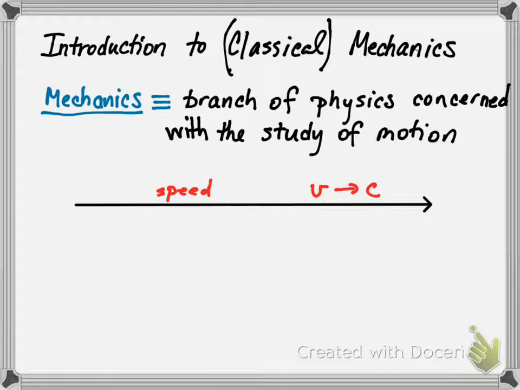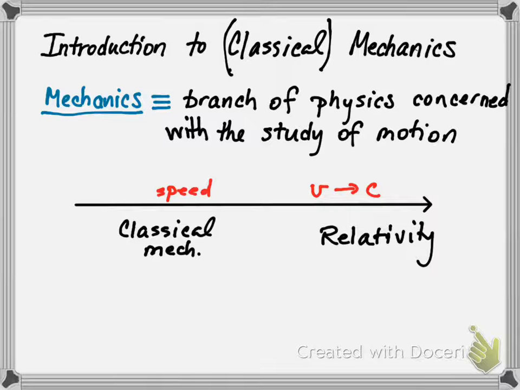And c is the symbol that means the speed of light. So as speeds approach the speed of light, we need a different theory. For normal everyday objects, that's what we call classical mechanics. That's what we're going to be talking about in this series of videos in this class.